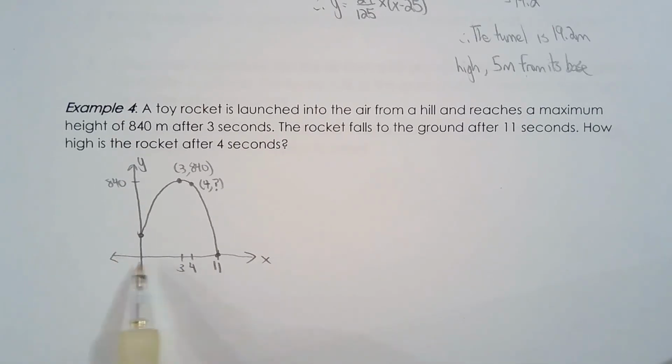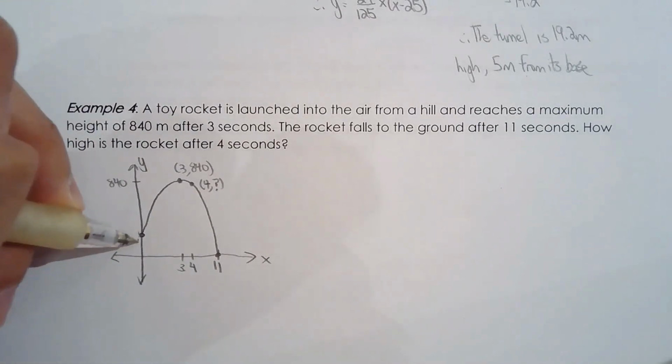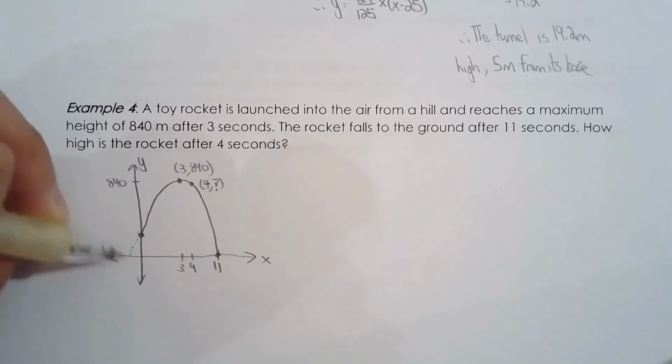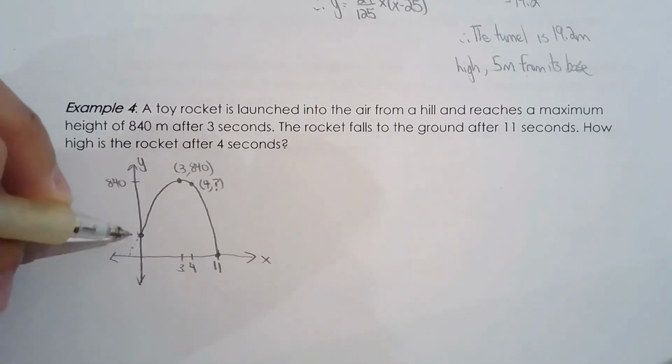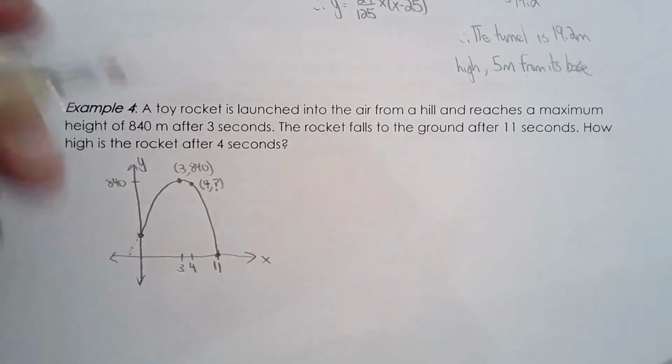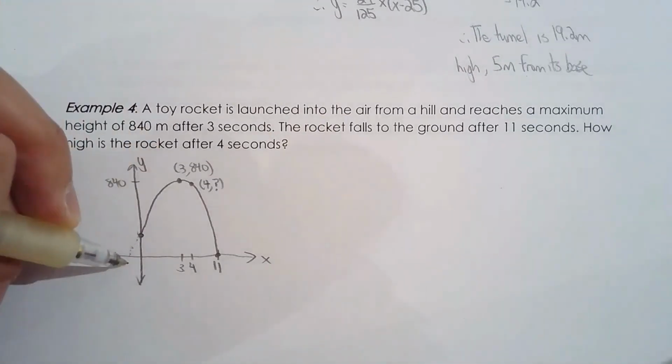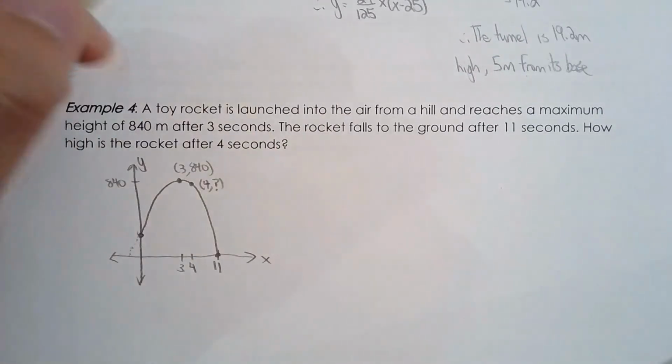My scaling was horrible here, I'm sorry about that, but negative 5 is my other x-intercept. That x-intercept is meaningless because I haven't even launched a rocket yet, but I can use that to build my equation.